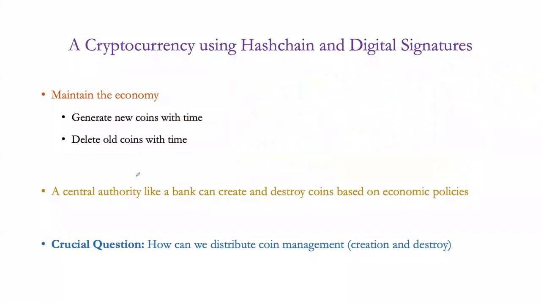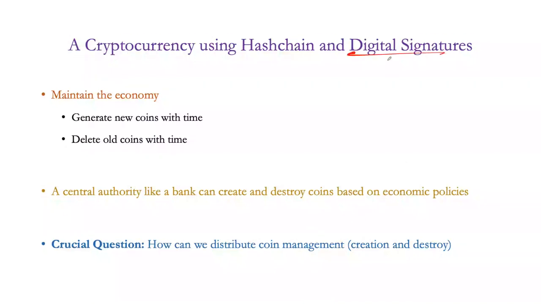So a central authority like the bank can create and destroy coins based on economic policies. But in this blockchain technology, the crucial question is how we can distribute the coin management, that is creating and destroying coins. Creating or destroying a coin requires verifying the digital signature.